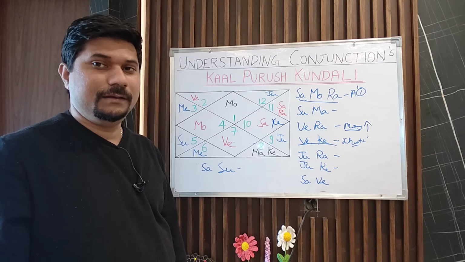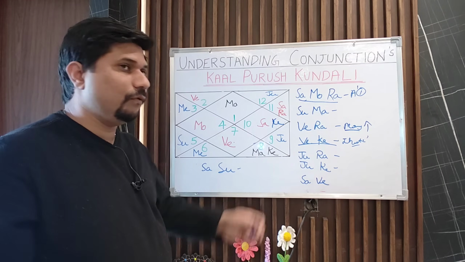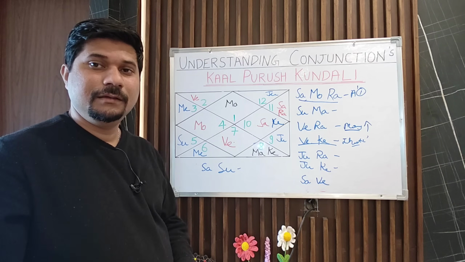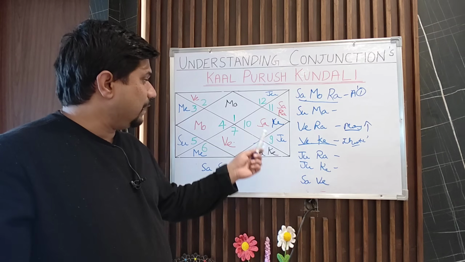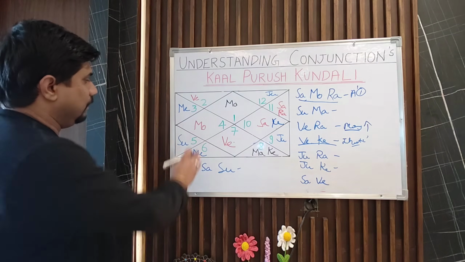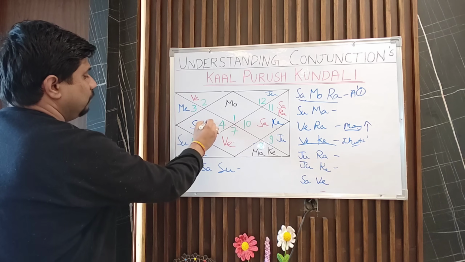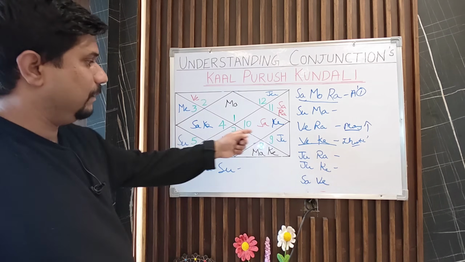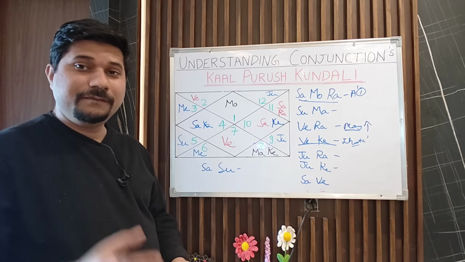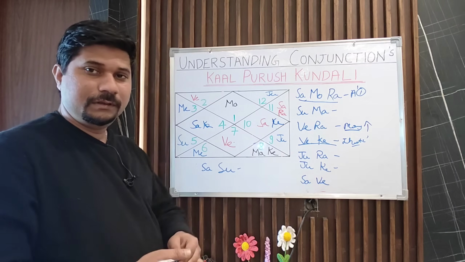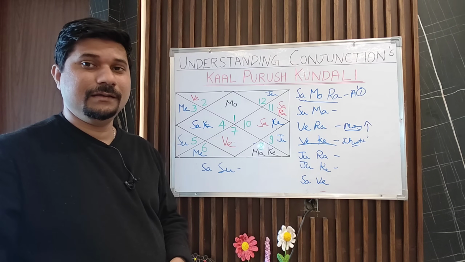So what will happen? It means Ketu, that 8th house dark energy, is posited in the house of career. I'm just giving you one example. Same thing applicable. Because the significance of the planet is going to be there, and the significance of the 8th house and 10th house is getting created.